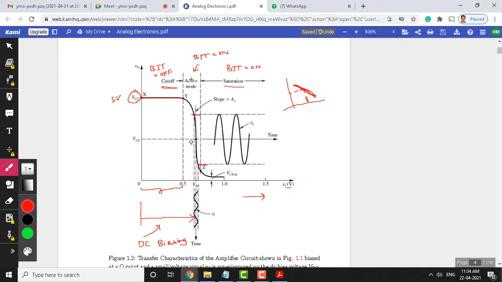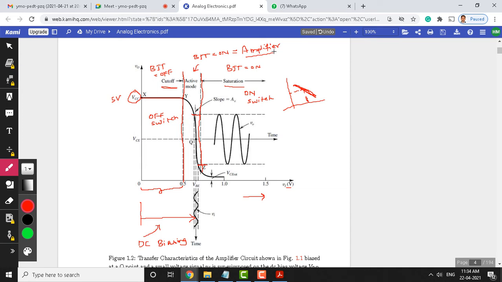This region shown between two parallel lines, this line and this line, is where we can use the BJT as an amplifier. Whereas in cutoff the BJT can be used as an off switch, and in the saturation mode the BJT can be used as an on switch. But in the active mode, the BJT can be used as an amplifier.